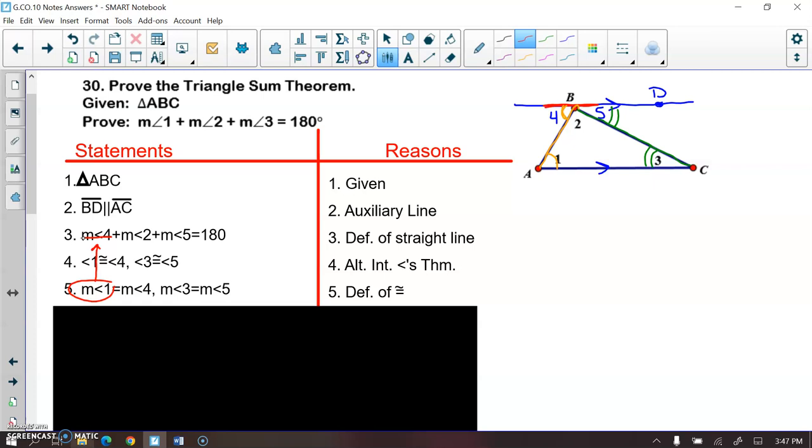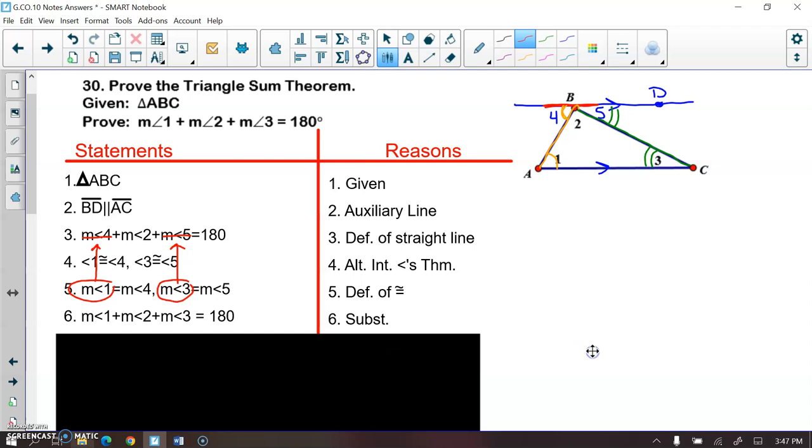Since I know the measure of angle 3 equals the measure of angle 5, I'm going to take the measure of angle 3 and put it in for the measure of angle 5. That's substitution. And guess what? We just proved what we were trying to prove. Measure of angle 1 plus the measure of angle 2 plus the measure of angle 3 equals 180. Those are the three angles in your triangle, which proves the triangle sum theorem.